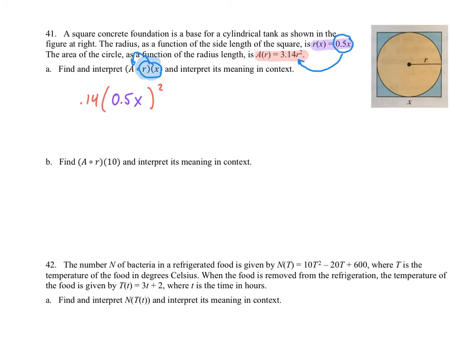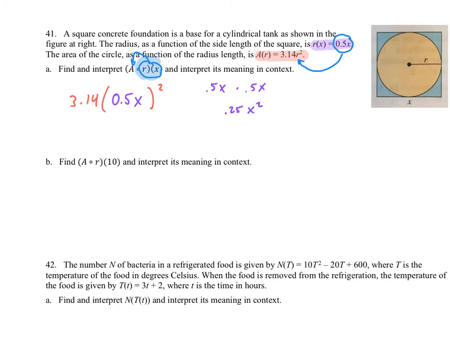So we need to think about simplifying this. Remember, you're following PEMDAS, so you should do this exponent before the multiplication. So we need to square 0.5x. So 0.5x times 0.5x. Well, 0.5 times 0.5, a half of a half is a fourth, so 0.25. And then x times x is x squared.